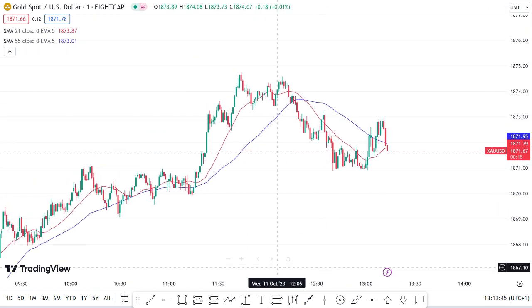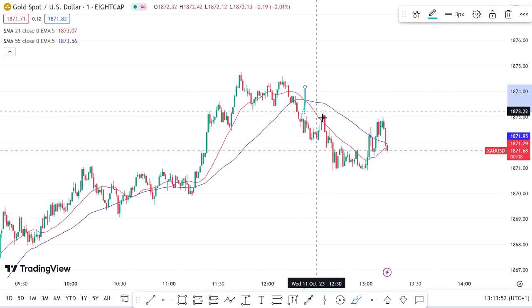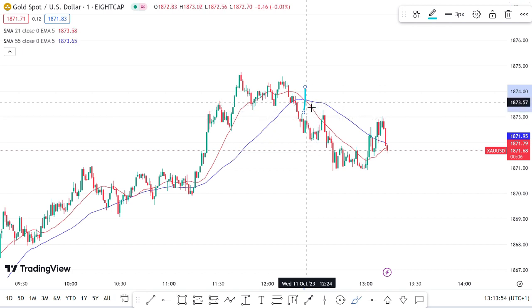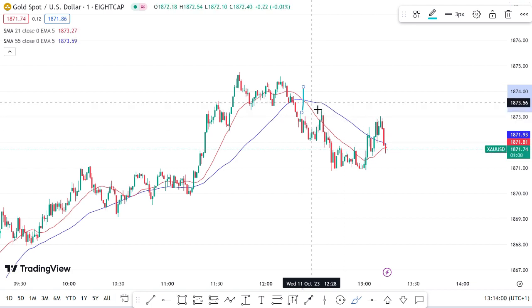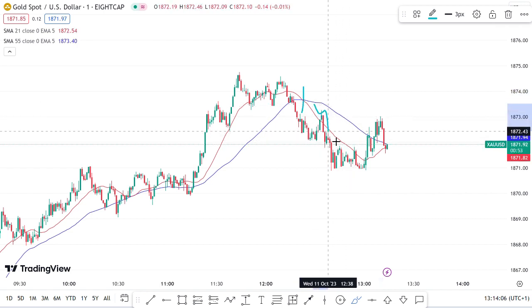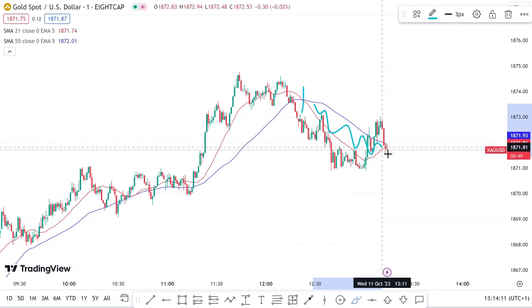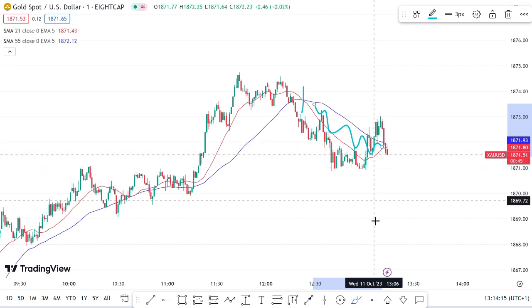The 55 EMA and the 21 EMA crossed, and now the 55 EMA, sorry guys, is above the 21 EMA, signaling that we are bearish with speed within here, and it is narrowing down over here, and price is still going down.